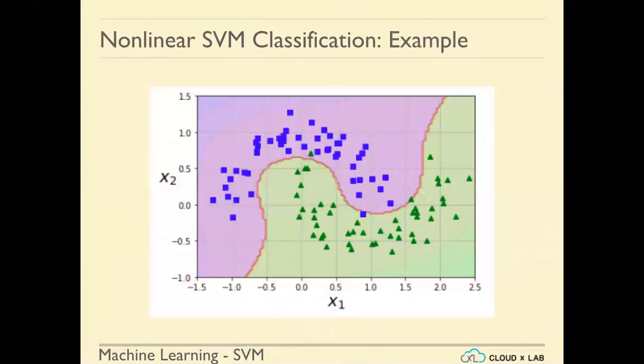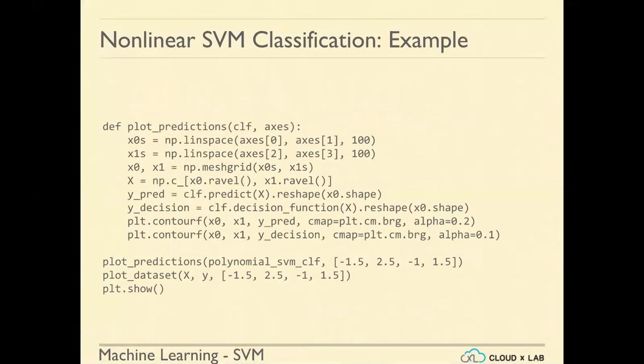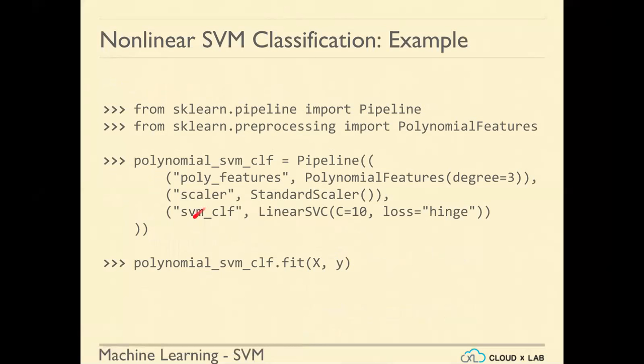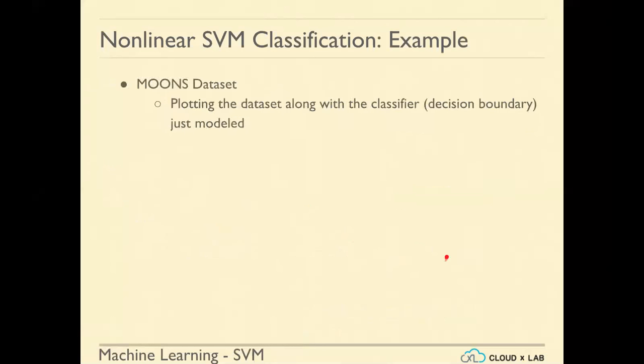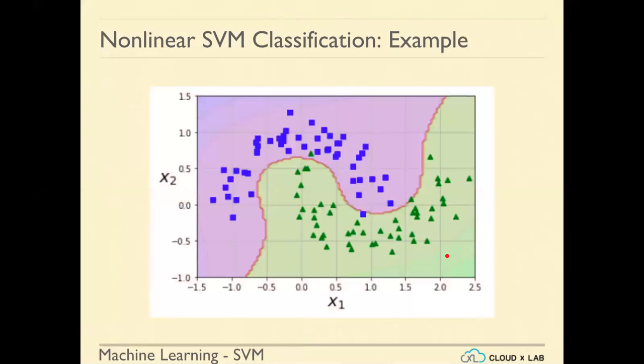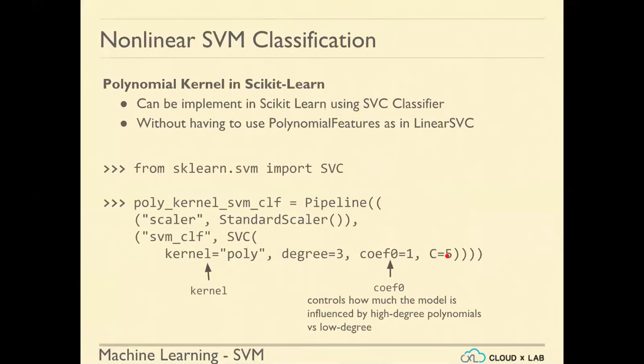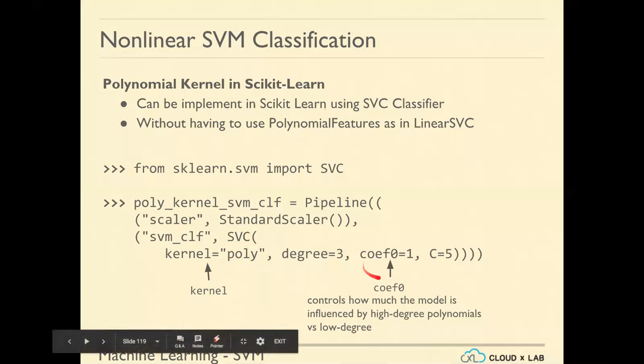If you go back here, what we have done is we have defined the linear SVC with these hyperparameters. Now in case of the kernel, we are instantiating SVC with kernel equals poly, and the coefficient is 1.